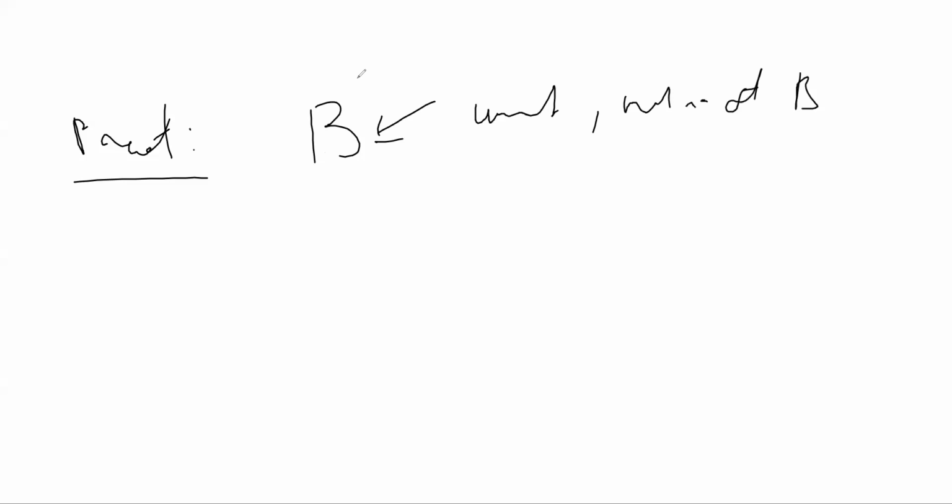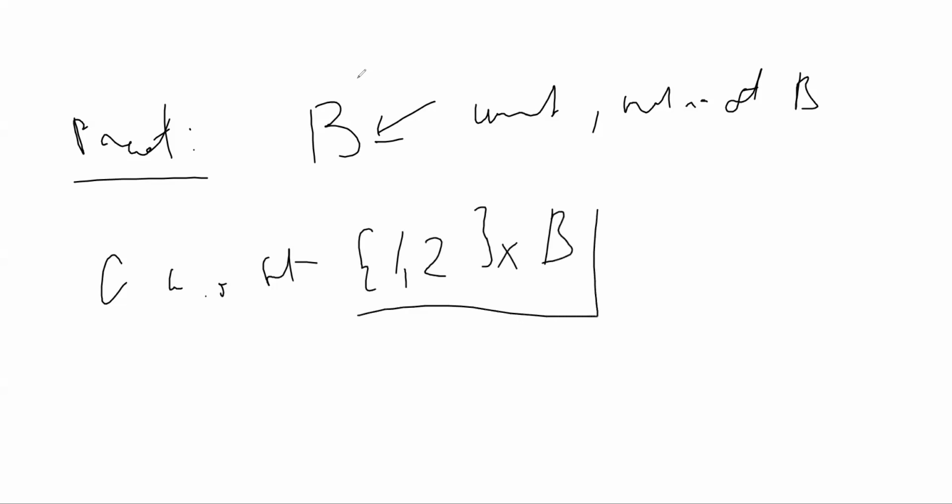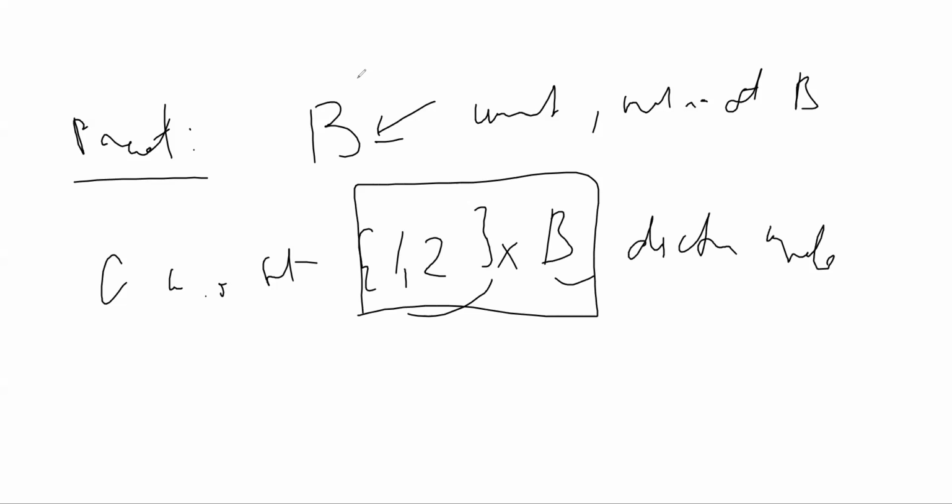Okay, and now what we do is we take C to be the well-ordered set {1, 2} times B. So C is basically a Cartesian product of this little set with B, and we use the dictionary order. Then some section of C is uncountable. Well, it makes sense, right?